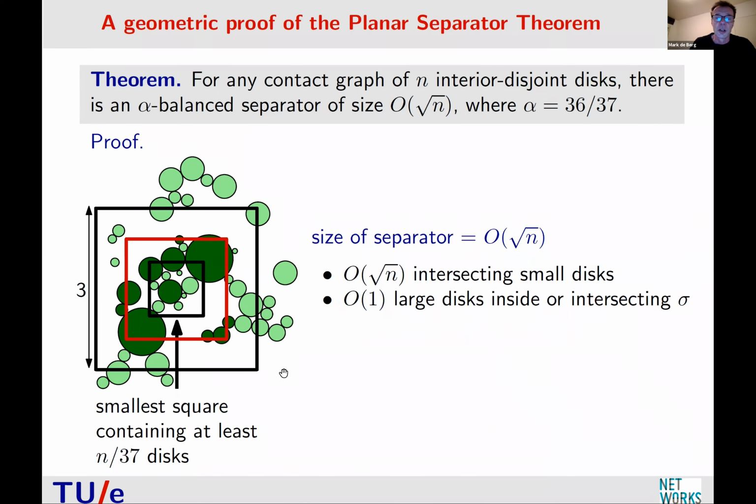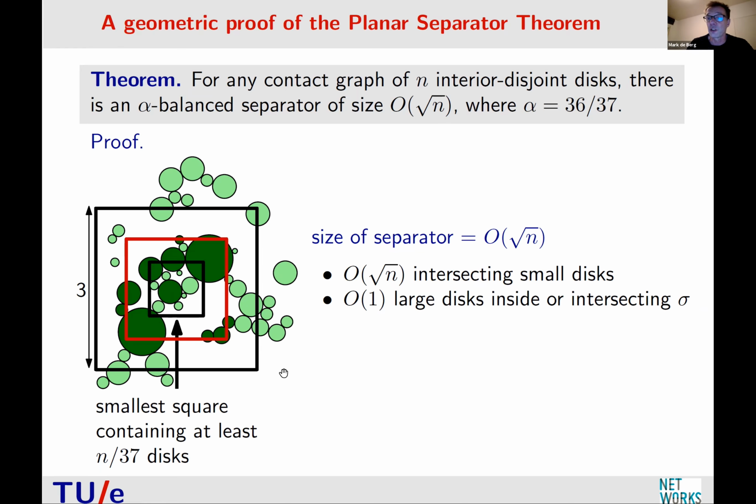The size of the separator being square root of n is trivial. By my choice of this red square sigma I, it intersects only square root of n small disks. The number of large disks, well, they are large, meaning that their diameter is a constant fraction of the size of my red square.